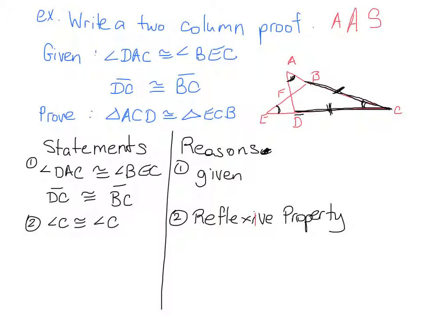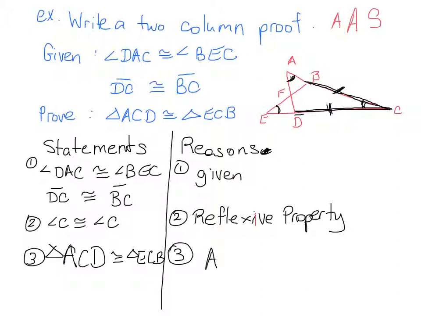So we've gotten to where we need to get to. And that is the fact that triangle, so this is our third thing here, triangle ACD is in fact congruent to triangle ECB, and that is because of the angle side theorem. And we're done.